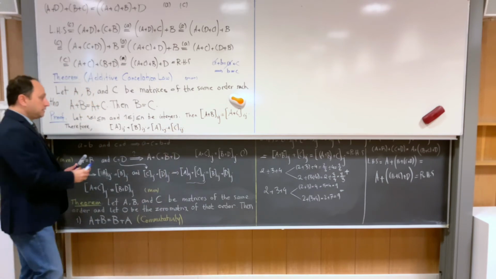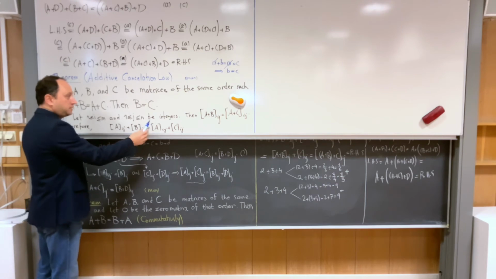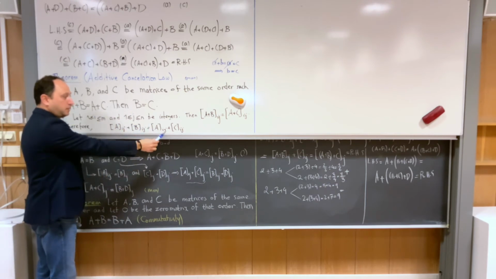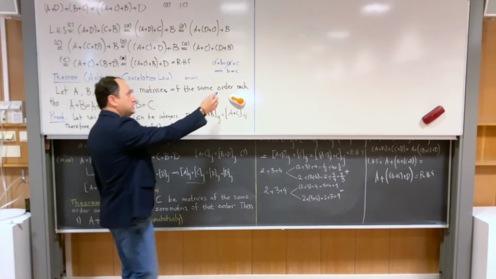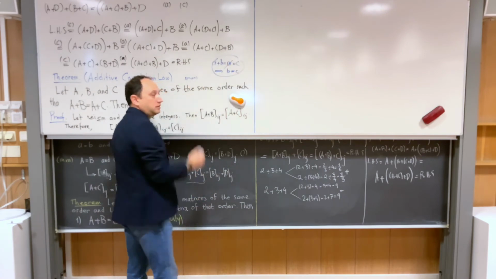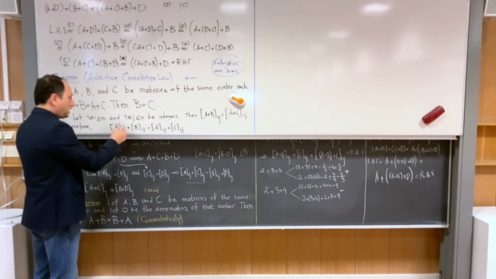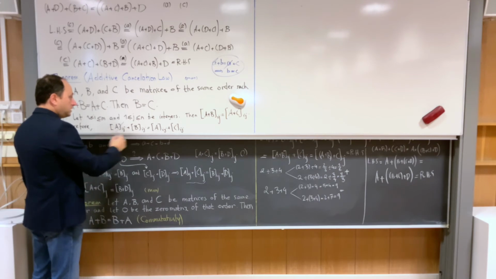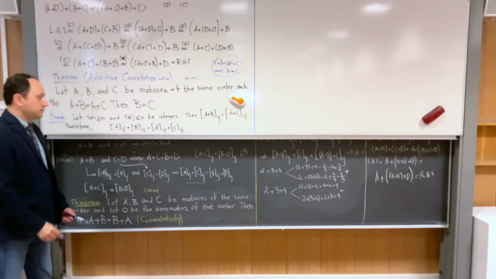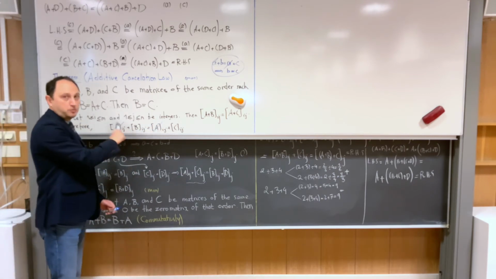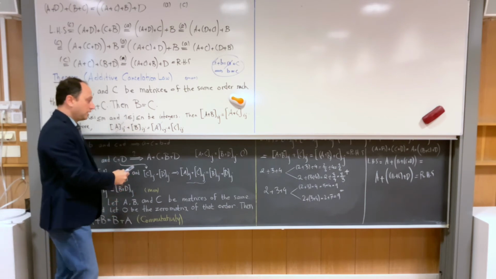But now, this equality is not between matrices anymore, it is between numbers. And I know that numbers enjoy the additive cancellation law. So it means that I can simply simplify these two from both sides because now this is a number. Hopefully you understand this is not a circular argument.